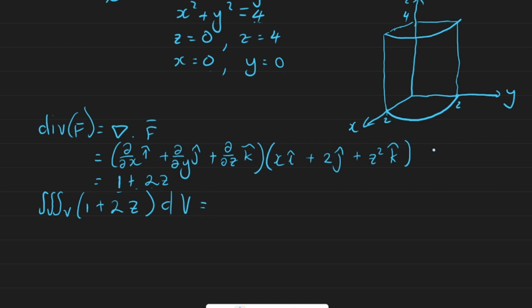Okay, so since it's a cylinder, we're going to use cylindrical coordinates. So we just take a volume element. You would remember when we did cylindrical coordinates, how we actually take the volume element.